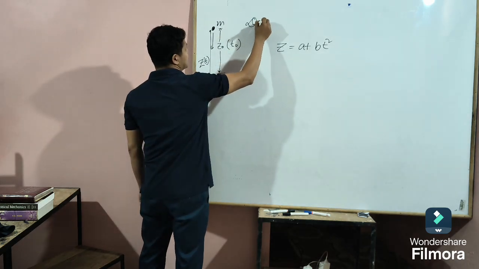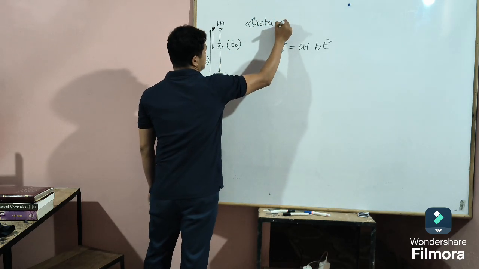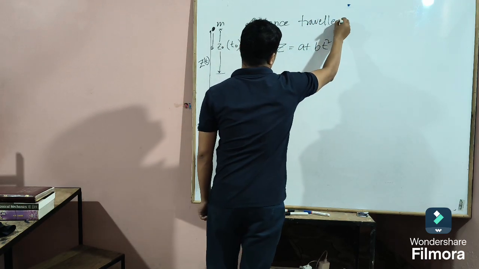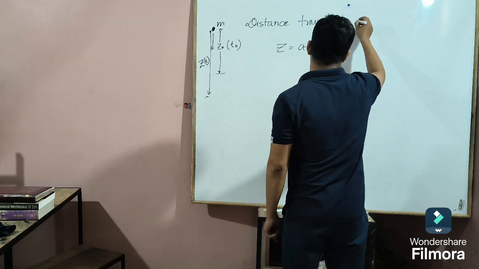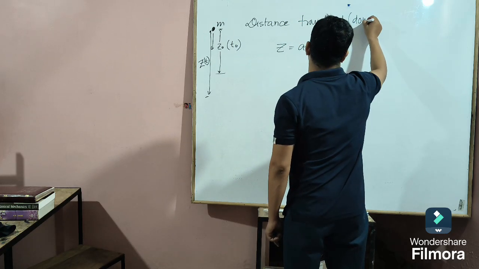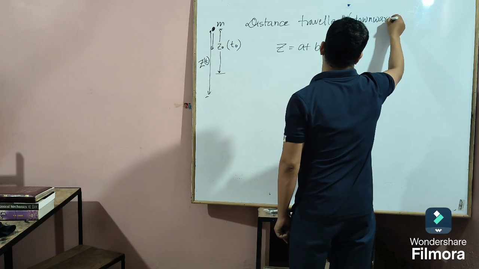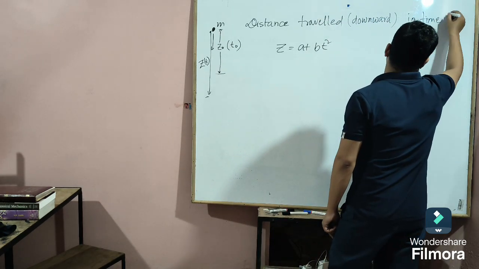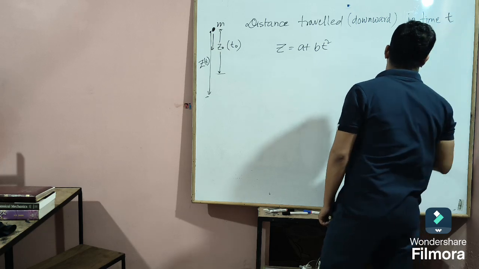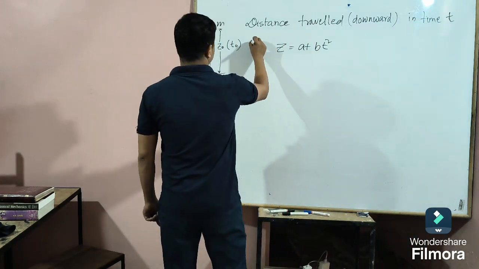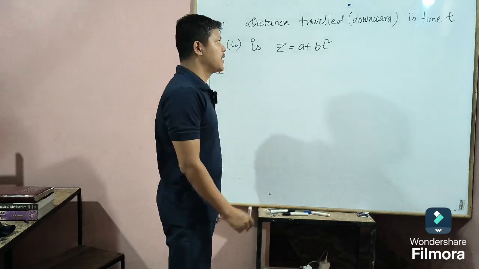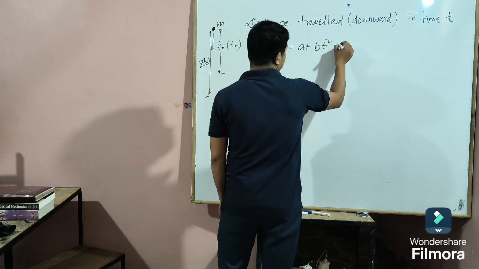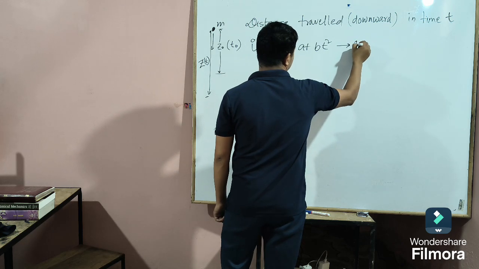So the distance traveled, this is downward, let me write here downward, in time t is given by this equation. Let me give this equation as equation number 1.